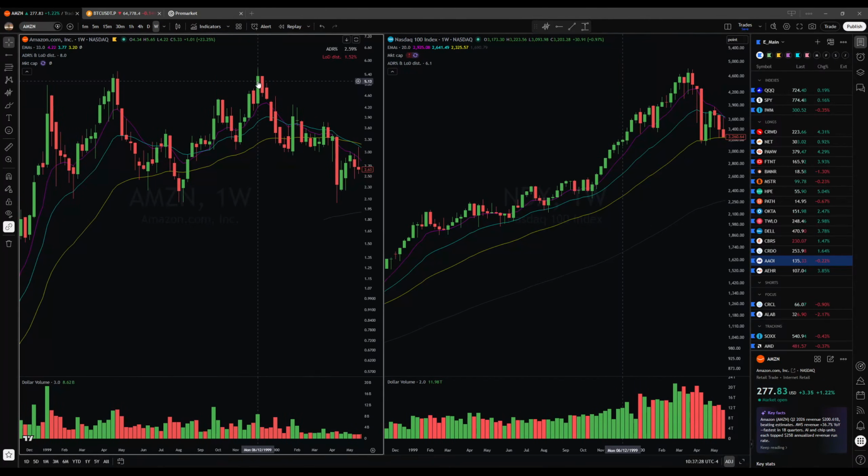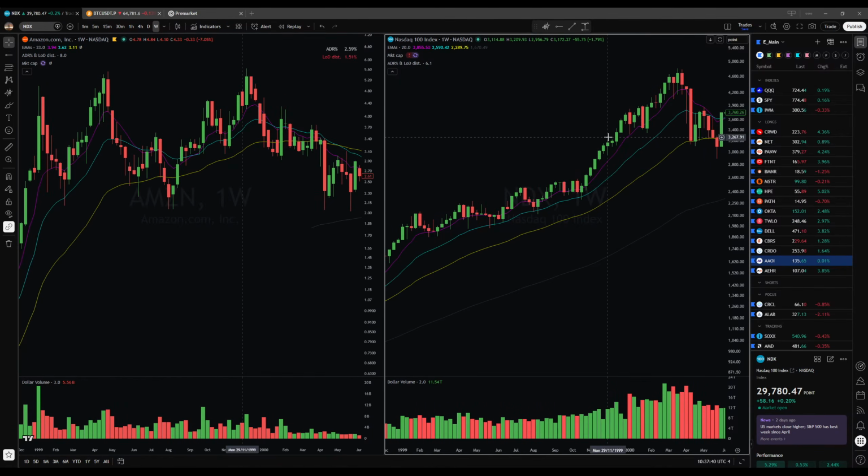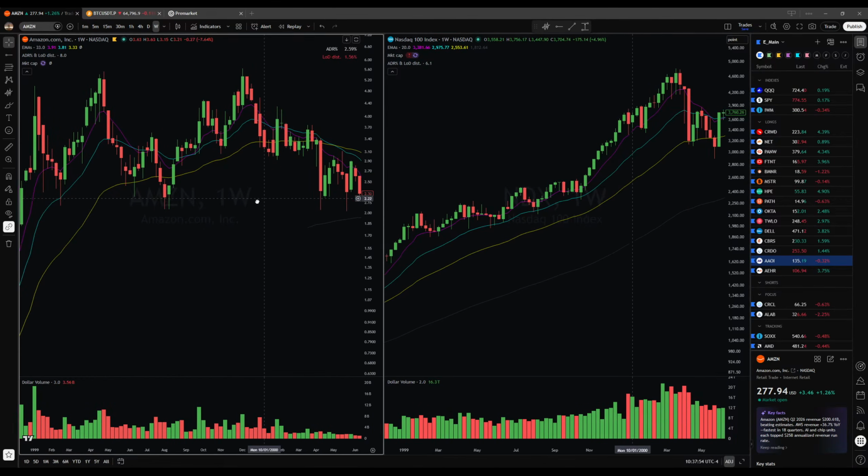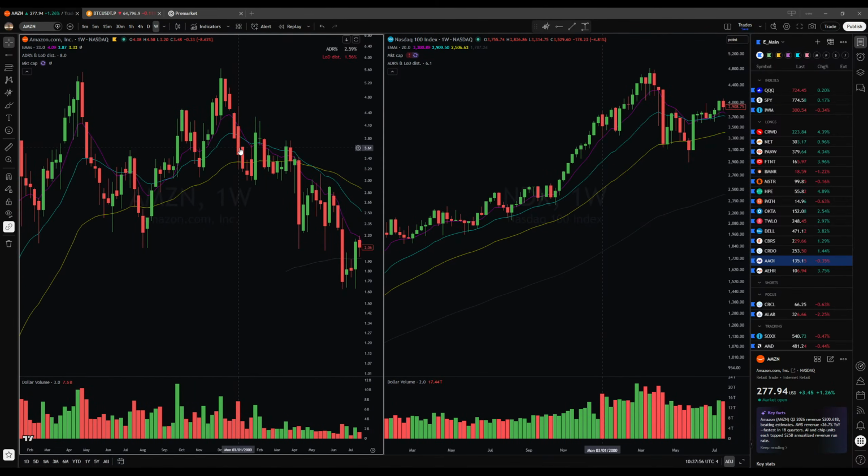So it actually topped in December 1999, when the Nasdaq is on the halfway of this final climax run. So it's actually breaking down from all of its weekly EMAs, like before the Qs, the Nasdaq found its top.